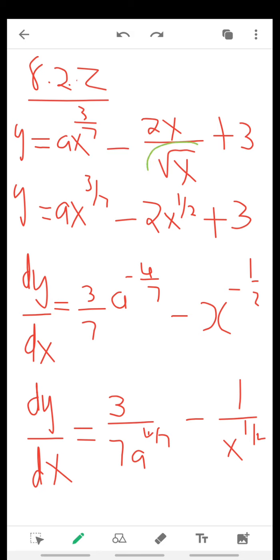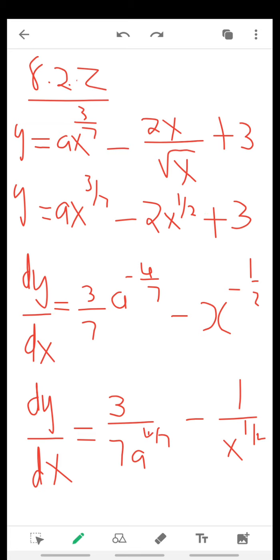Okay, so I first want to fix this, and when I fix it, I notice that, remember, square root of x is x to the power of half. But if I've got x to the power of 1 divided by x to the power of half, then the final answer becomes x to the power of half. Using the laws of exponents, dividing the same base, we subtract the exponents.